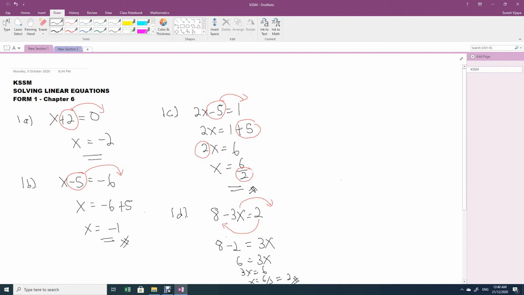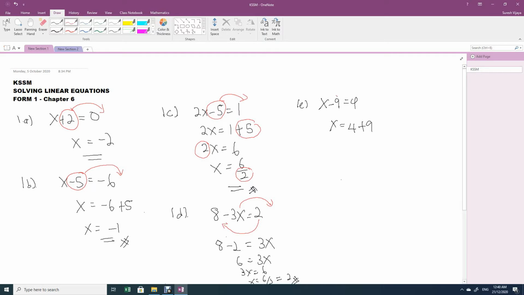Let me start with another one. Let's say we have x minus 9 equals to 4. How do we solve this? Similarly, you will have to bring the 9 over. This equals to 4 plus 9. Why plus 9?